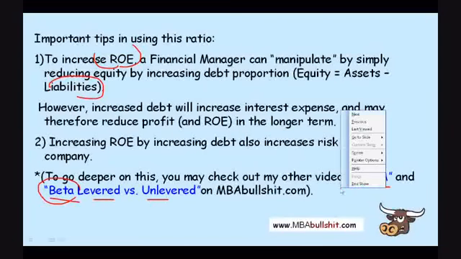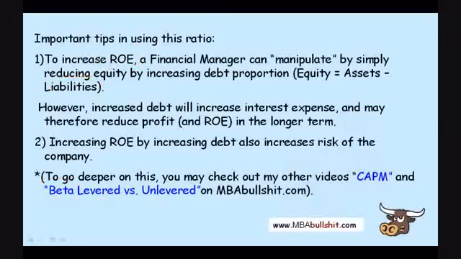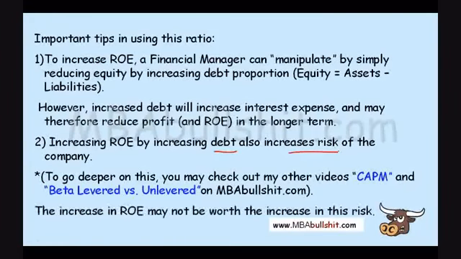But for now, simply believe me when I tell you that increasing debt also increases the risk of the company. And the increase in ROE may not be worth the increase in this risk.